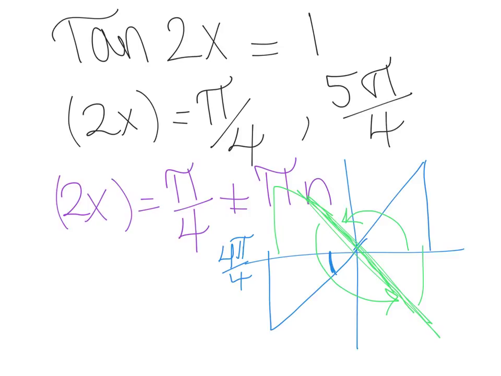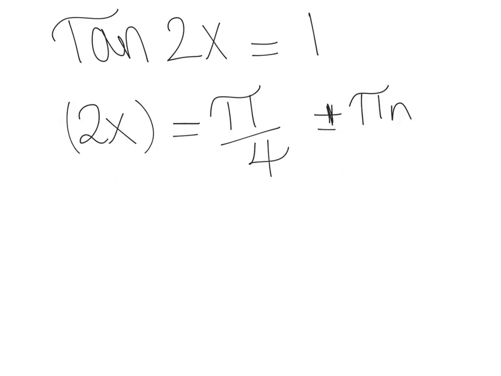So the general answer, I can just say plus or minus pi n, because that would give me the next quadrant, whether positive or negative. So I can say pi over 4 plus or minus pi n for the general answer. If I'm asked to list the answers, then I'll just add pi, and that will give me 5 pi over 4, which is my next answer in the third quadrant.